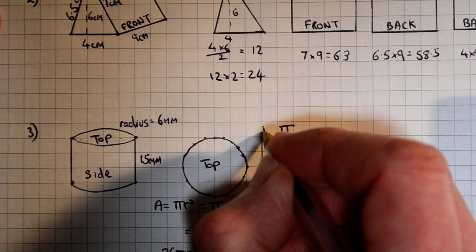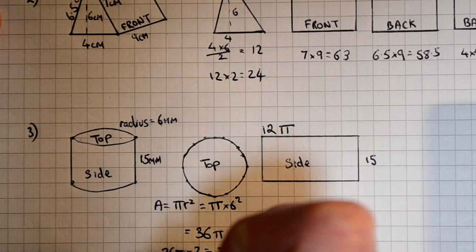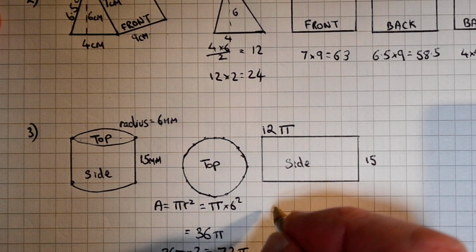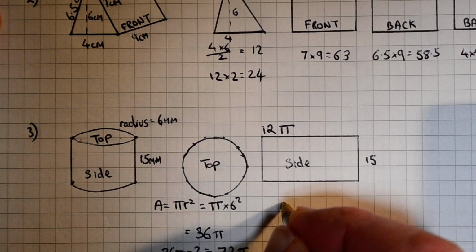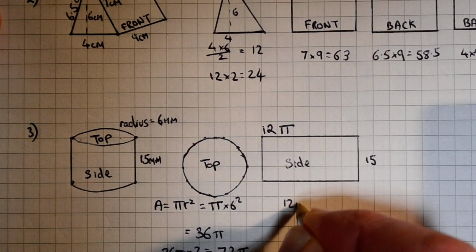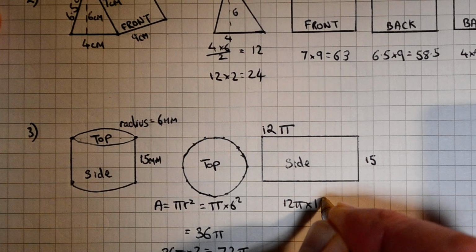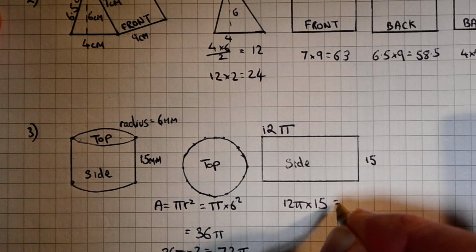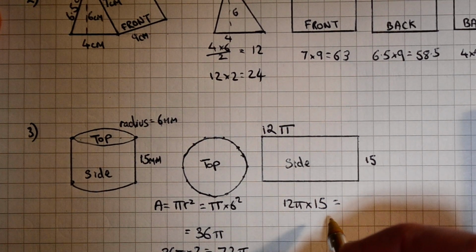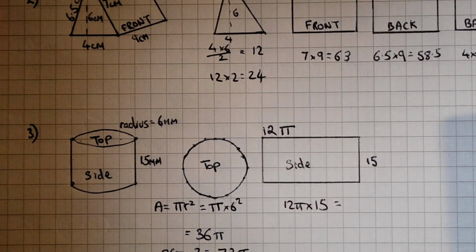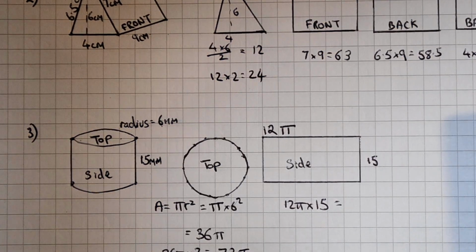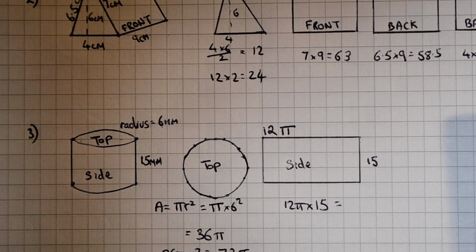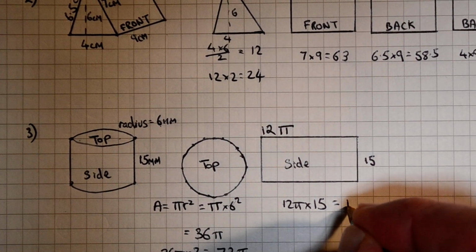That's going to be pi times diameter, 12 pi. So the area of the rectangle here is going to be 12 pi times 15. So we've got 180 pi.